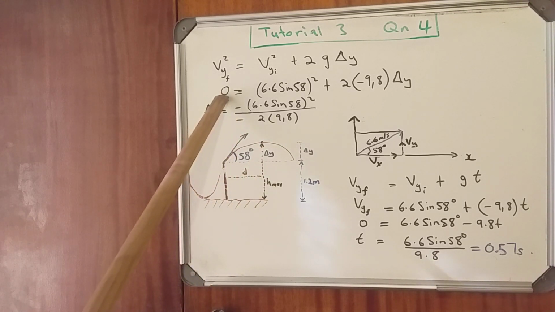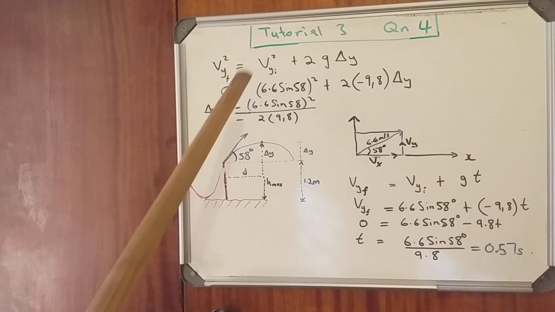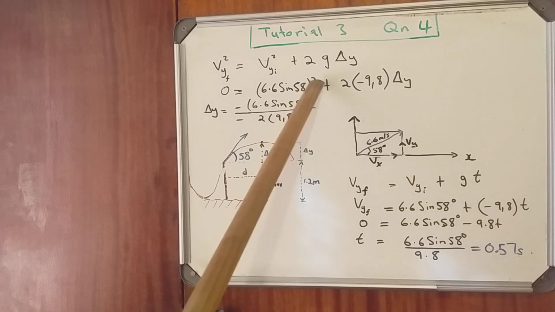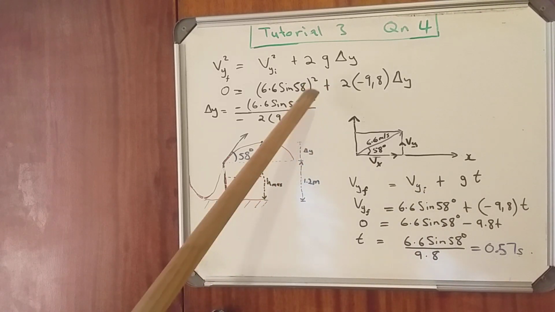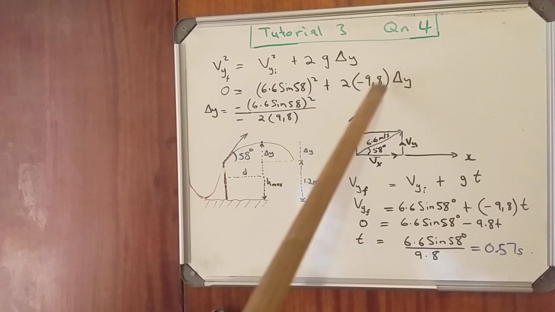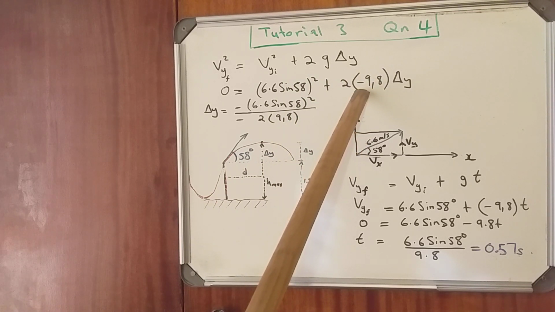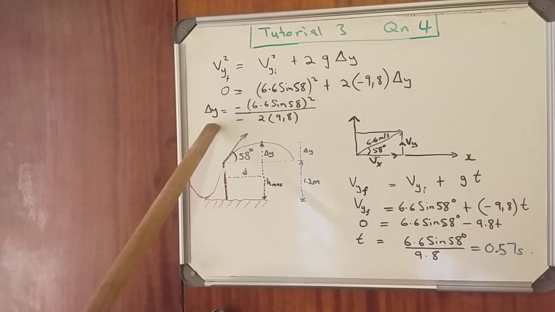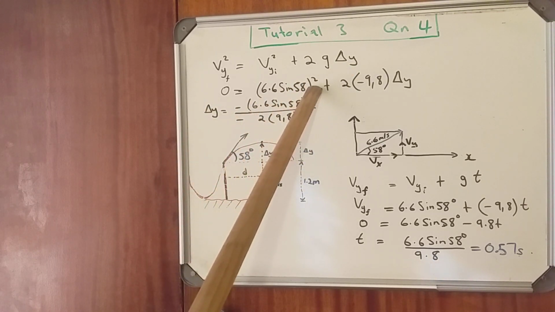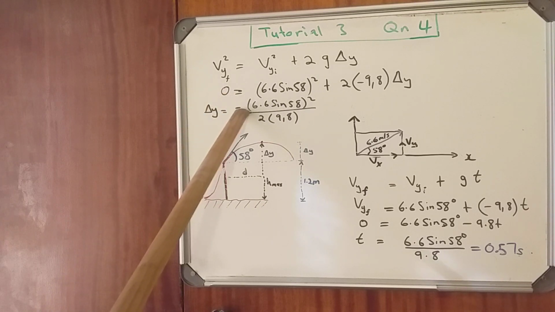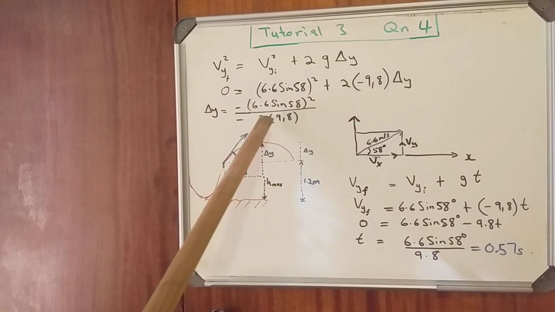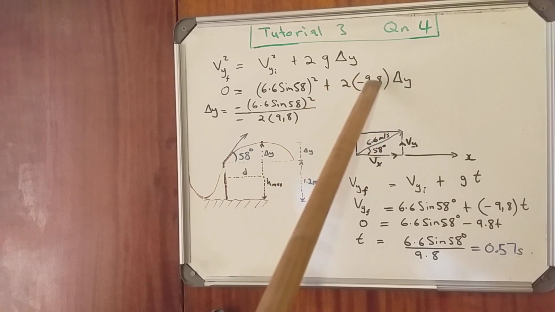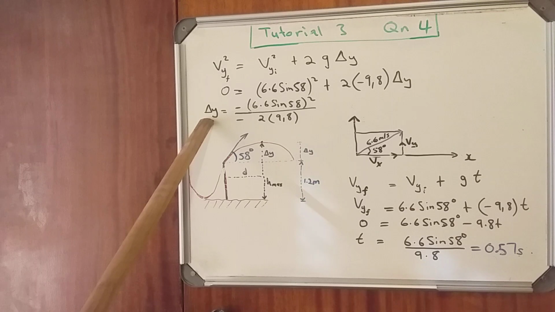So Vy final squared is 0 squared, which is 0. That equals the initial velocity, 6.6 sin 58, squared, plus 2 multiplied by the gravity, which is 9.8 but the sign is negative, multiplied by change in y. So we make change in y the subject of the formula. We push this to the other side, it becomes negative times negative, and we divide both sides by 2 times 9.8, and we are left with change in y.